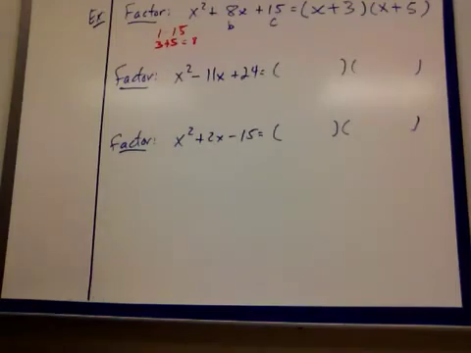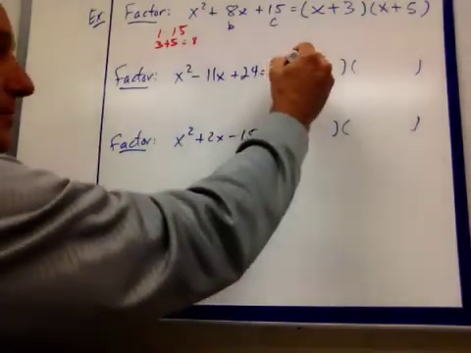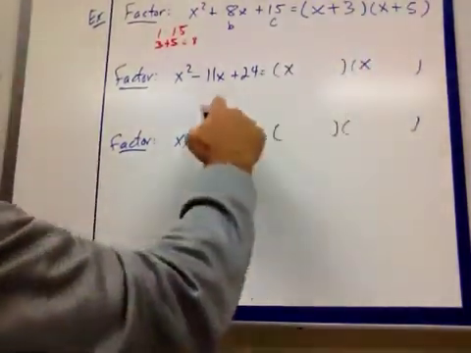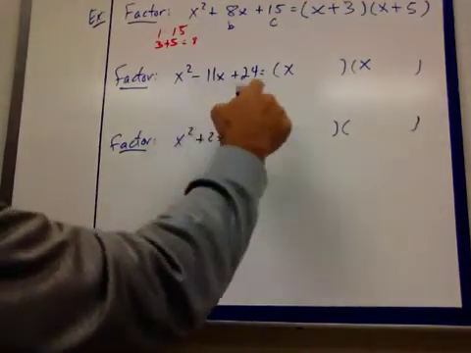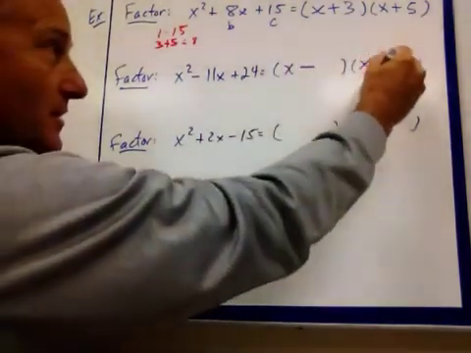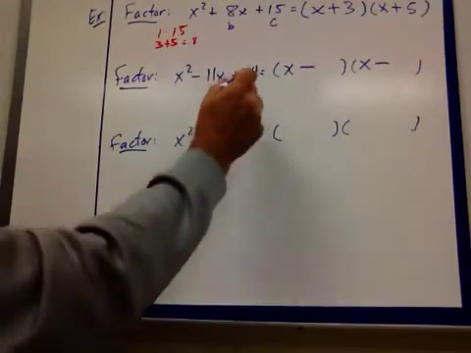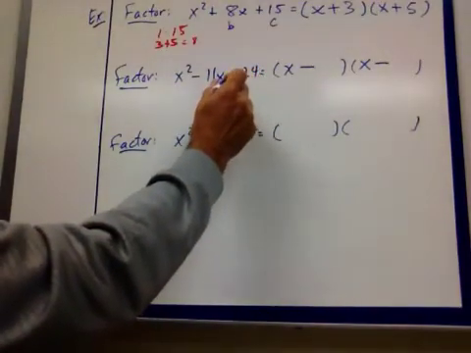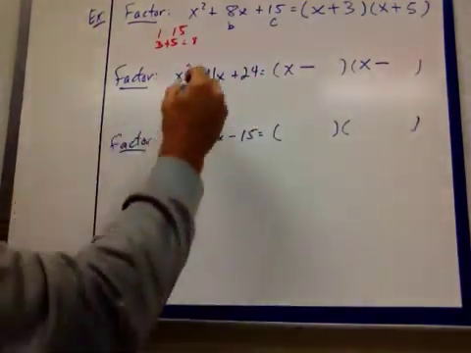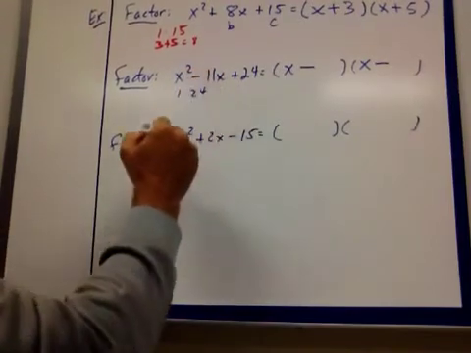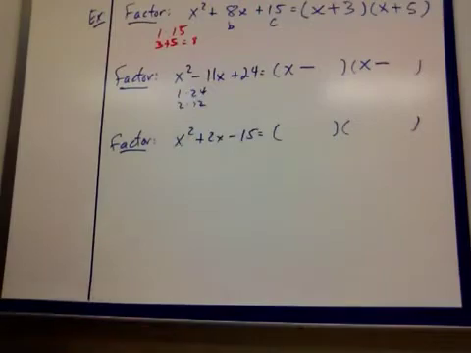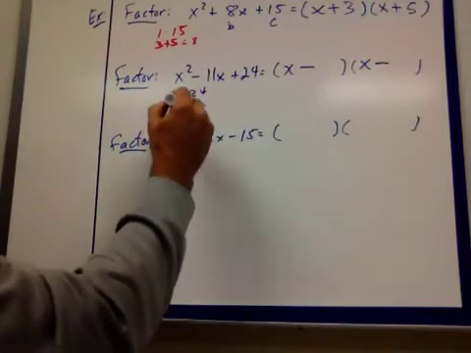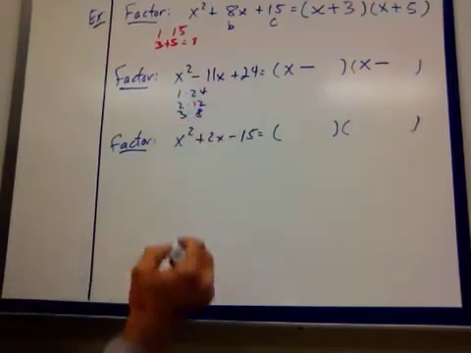Let's take a look at another one. X squared, so I'm going to get x, x. My sign is minus plus. I think back to that chart. When I get a minus plus, I get a minus minus in here every time. What times what is 24, but adds up to 11 because I got a plus there? Well, 1 times 24 is 24, but that doesn't add up to 11. 2 times 12 is 24, but that doesn't add up to 11. 3 times 8 is 24.